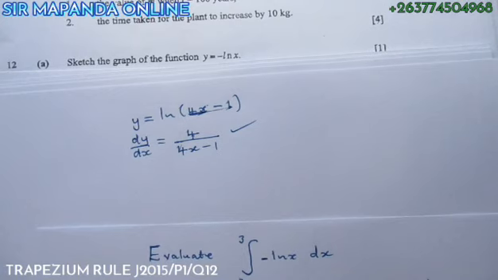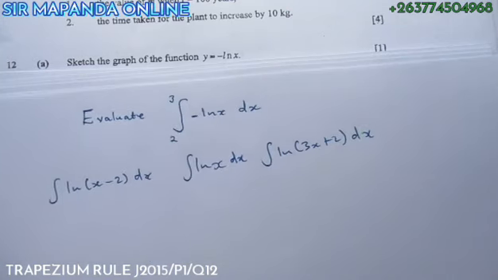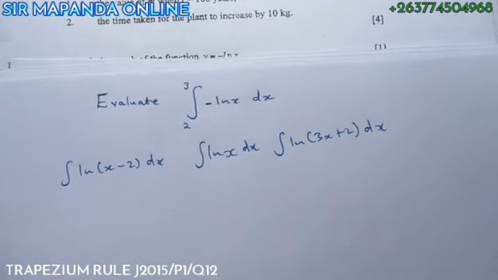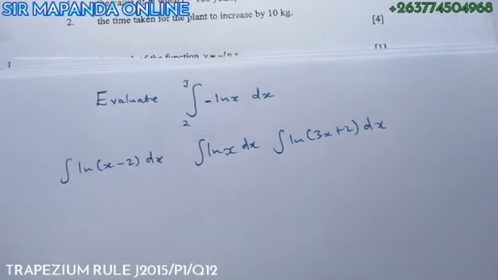This is how you find the derivative of ln. But when it comes to integration, there is no direct integral of ln(x minus 2), ln x, and ln(3x plus 2). You have to apply integration by parts.